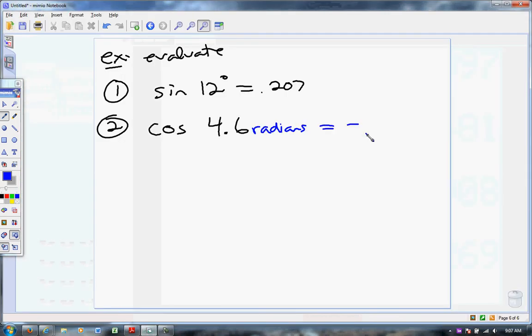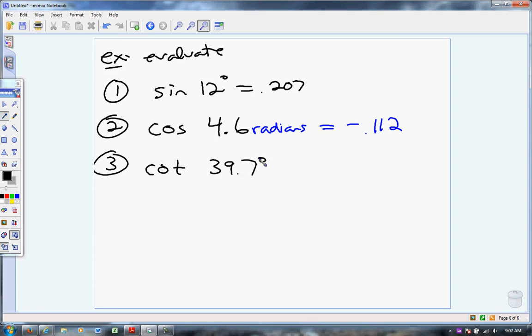We'll talk about why those are negative later, negative 0.112. Now, what if you get one of the reciprocal functions, like the cotangent of 39.7 degrees? There is not a cotangent button, and no, you cannot use second tangent. Second tangent is not what you do, all right?